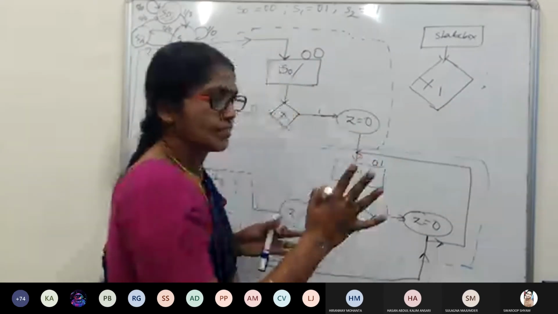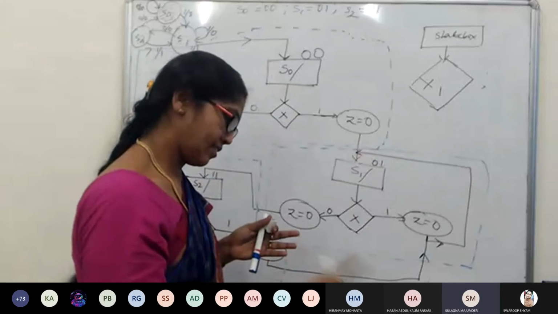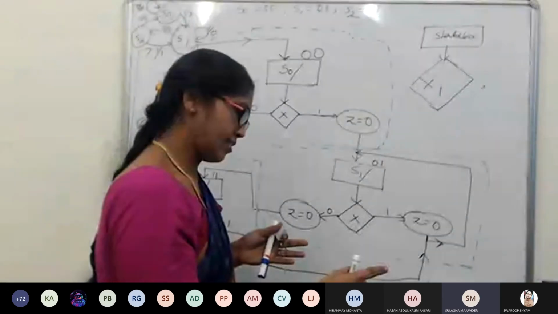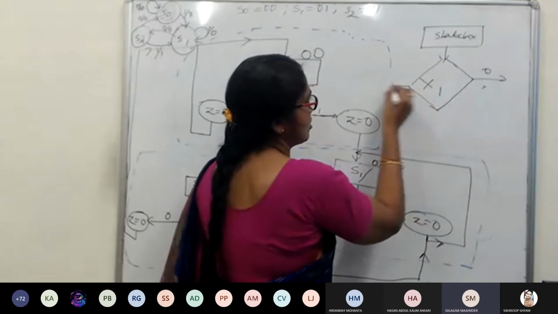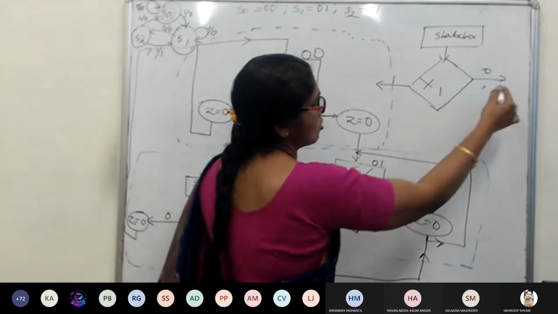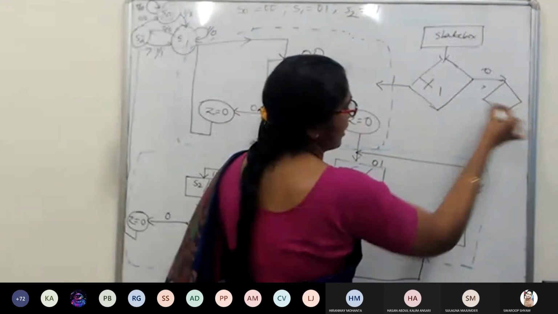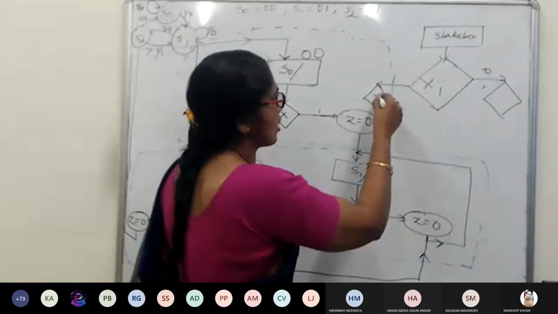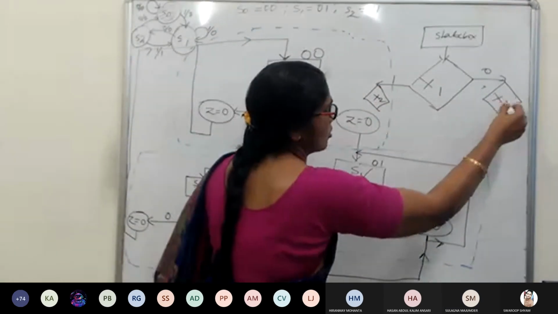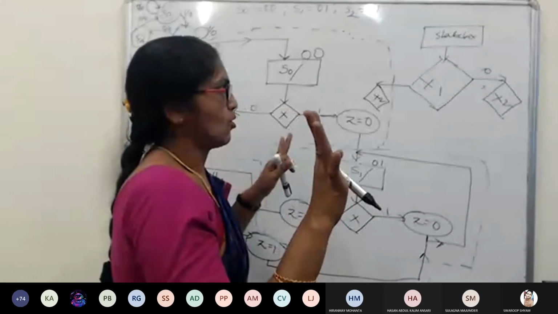Right, then from 0, then again we'll implement x2, then 0 1, and for 1 again x2 0 1. So from here again another decision box, this is also x2, this is also x2.